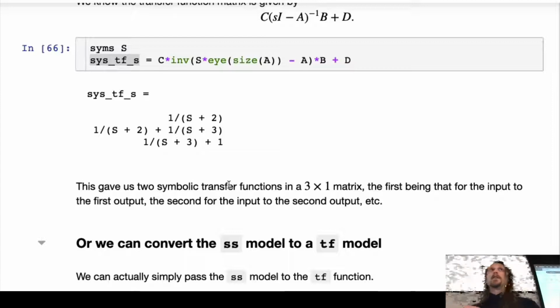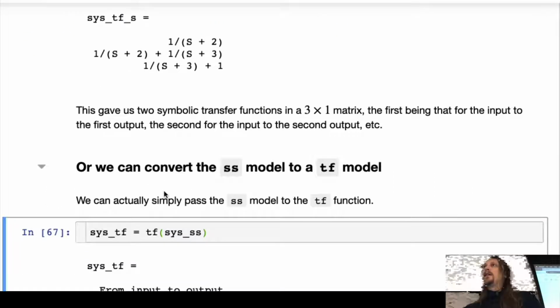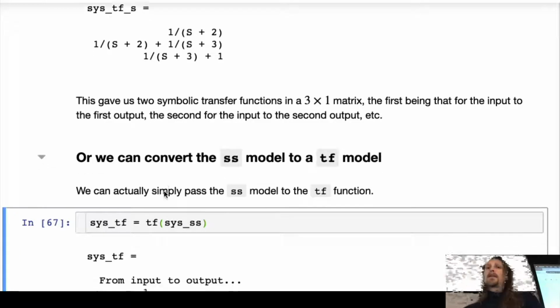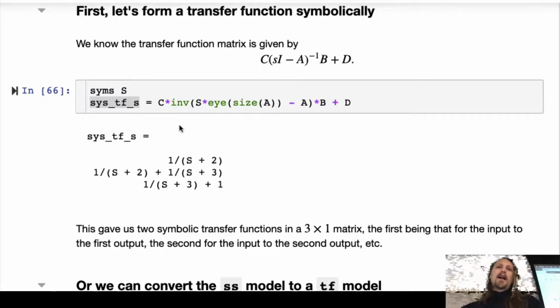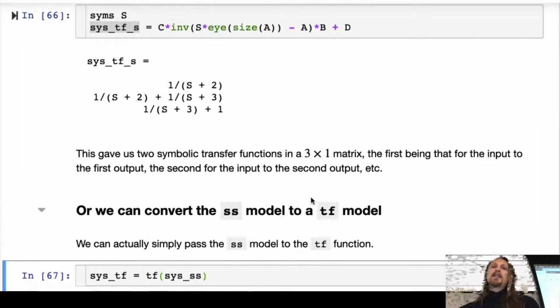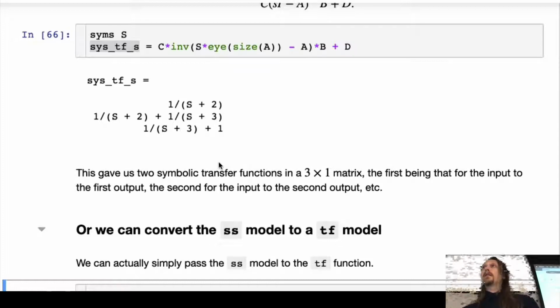LSIM needs either a TF model or a state space SS model. So if you want to do a simulation of it, the second route is going to be what you want, because it's going to give us a TF model. The previous one didn't actually give us a TF model in Matlab. It just gave us a symbolic representation of the transfer function, which is great in some cases.